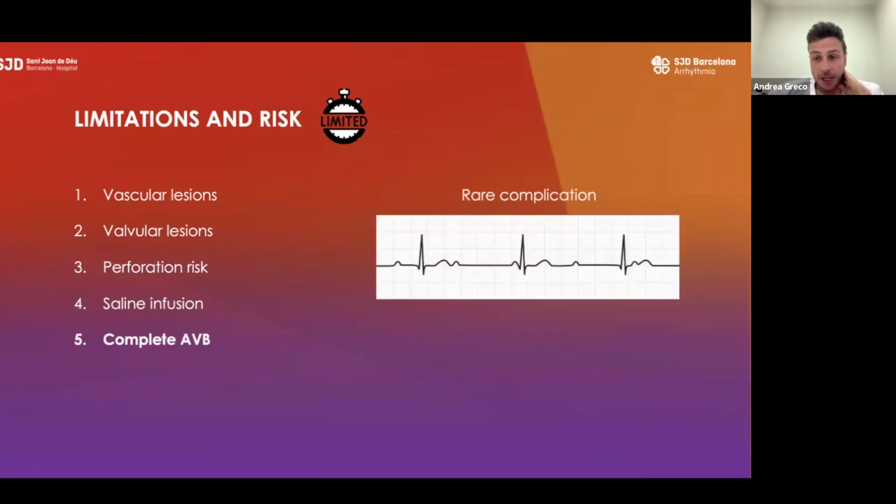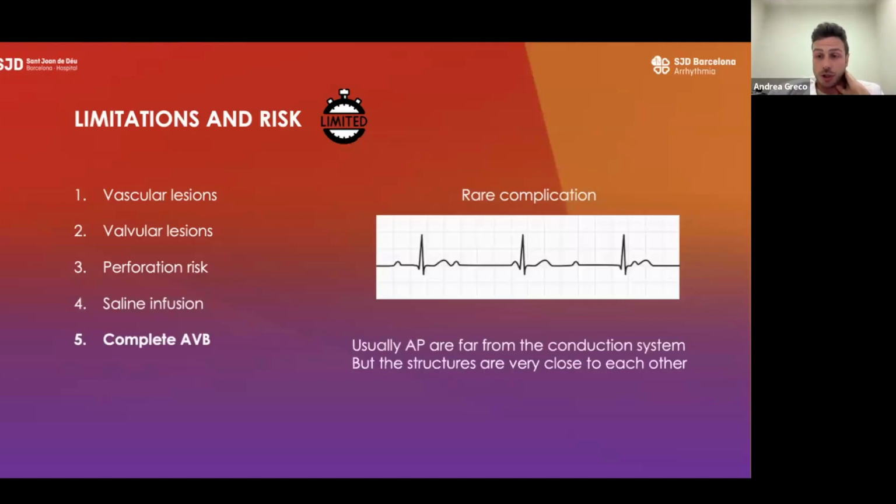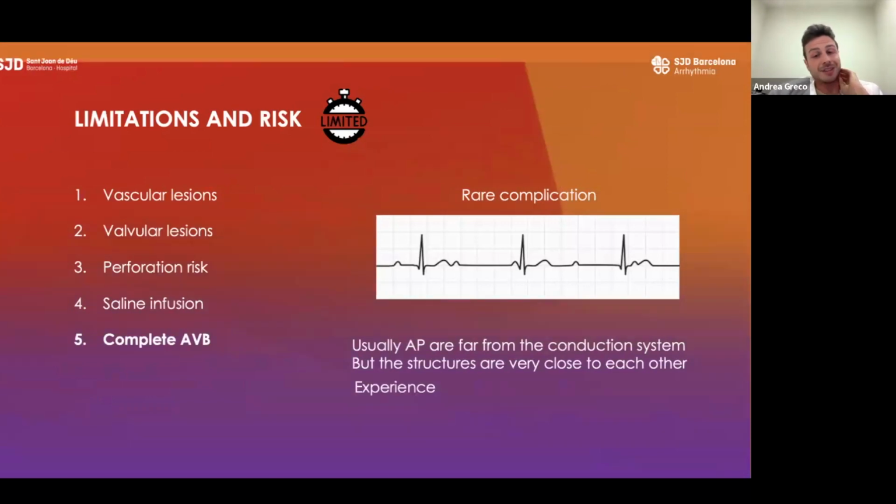And finally, complete AV block is a rare complication, yes, but a very important complication, because usually the accessory pathways in these patients are far from the conduction system, but the structures are very close to each other. So it's very important in this patient, the experience of the center.